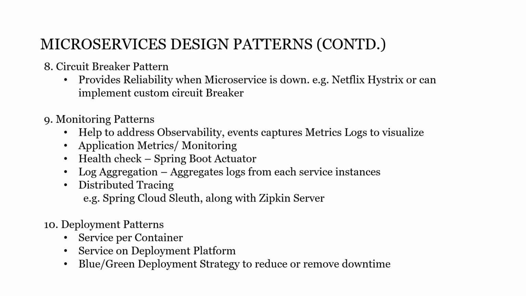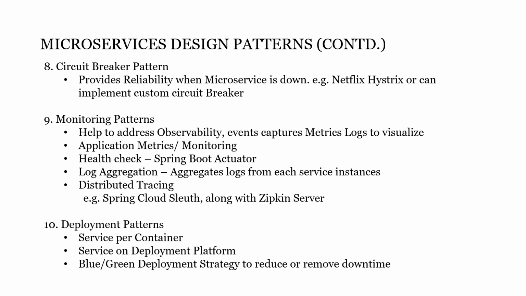Then for deployment patterns, we can use service per container. Say in a microservices world, you have the services packaged as a Docker image, and then you can deploy them on servers like AWS EC2, Kubernetes, or OpenShift. Then service on deployment platforms, platforms like PaaS services such as Cloud Foundry, or serverless services like AWS Lambda can be used.